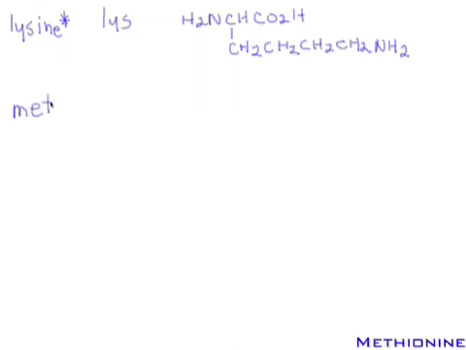Methionine is probably most closely related to cysteine. It's also an essential amino acid. It's given the abbreviation MET.